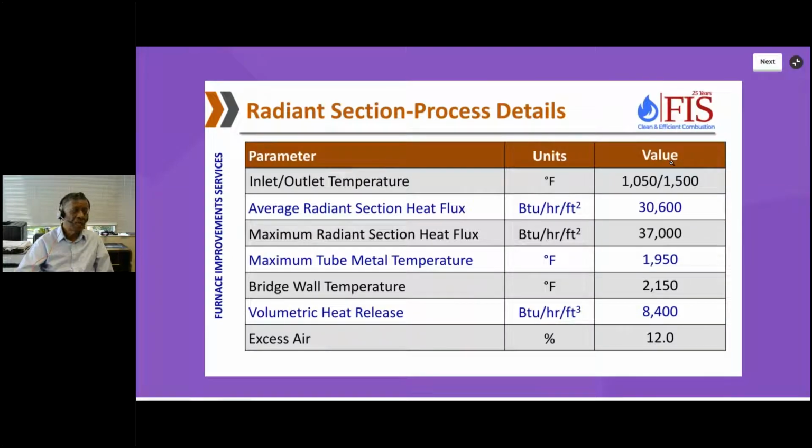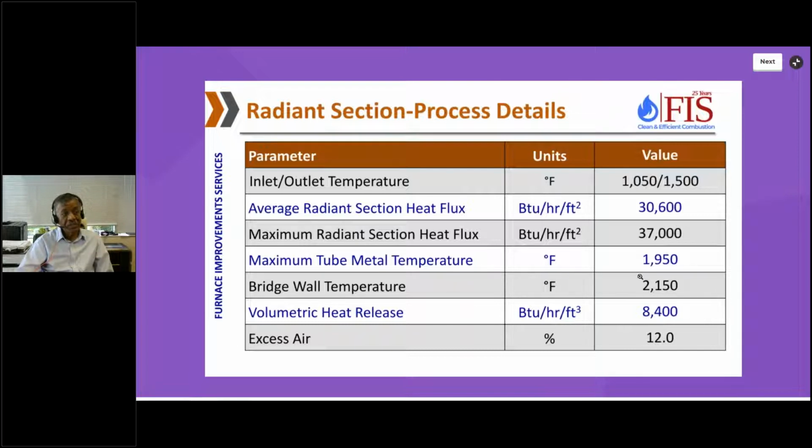This is giving typical parameters. Inlet temperature in the radiant section is around 1050. Flux about 31,000. Maximum flux is 37,000. The ratio between the two is about 1.2. Maximum tube metal temperature is around 1950.